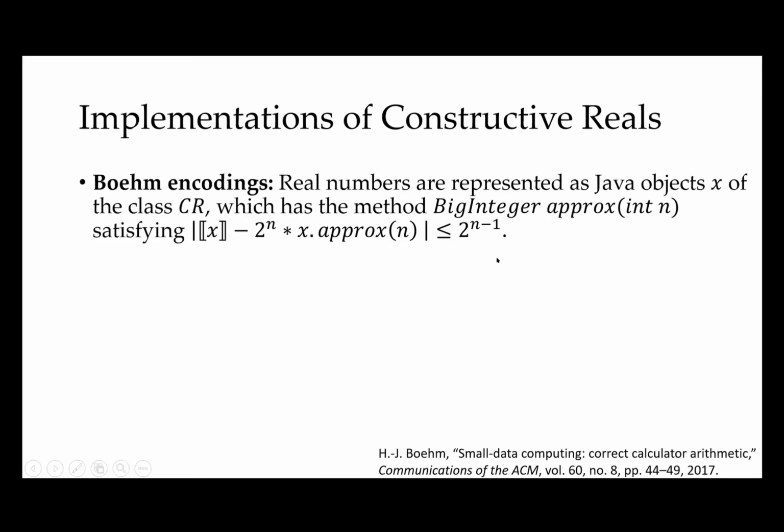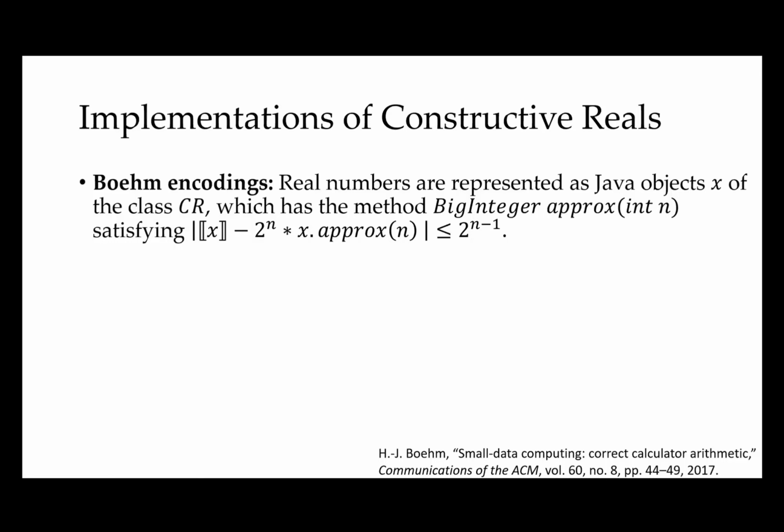These are both types in the JDK, as you know, and it satisfies this equation that we saw earlier. The distance between 2^n times the encoding of that number at that precision level, and the actual number being represented, is always less than the width of the precision at the next level. So you're never too far away from the number you're actually representing.